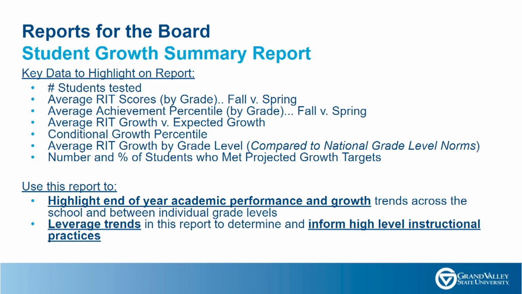That's going to give us average RIT scores by grade, achievement percentile by grade, the average RIT growth versus expected growth, the school's conditional growth percentile, average RIT growth by grade level, and the number and percentage of students who met projected growth targets. So a ton of information on one page and in one report.